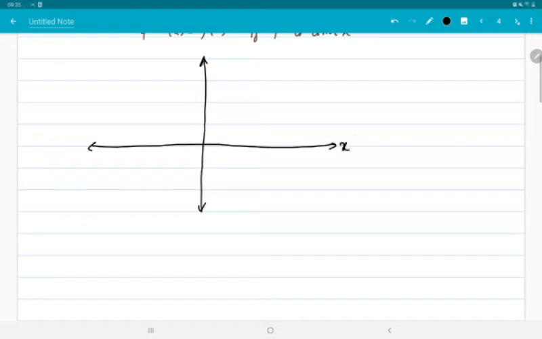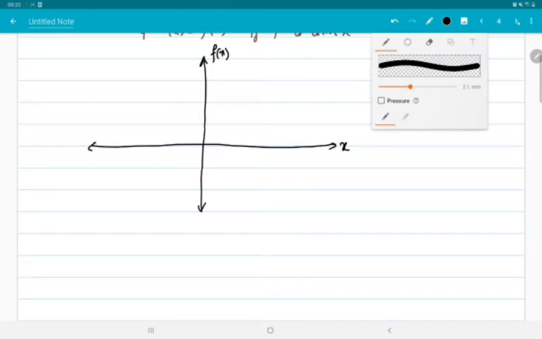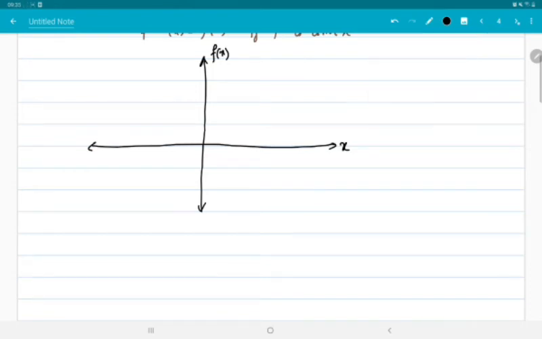This is x, this is some function f of x, and we had a function like this, and we said that for any given slope, we'll have a hyperplane which is supporting that epigraph, right?